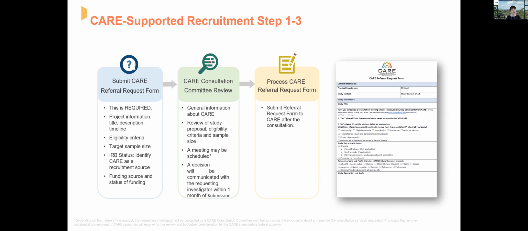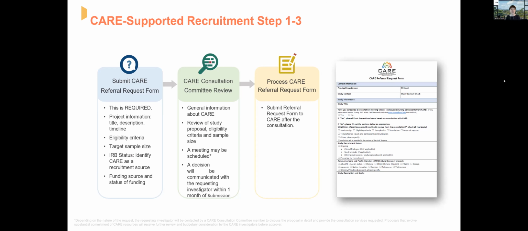Specifically, we will be looking at the study proposal as provided on the CARE request form in terms of the eligibility criteria and the sample size. And if needed, we also would schedule a meeting for consultation or clarifications or how CARE could be helpful. And the decision will be communicated within a month. I would say from our experience, it's actually pretty fast.